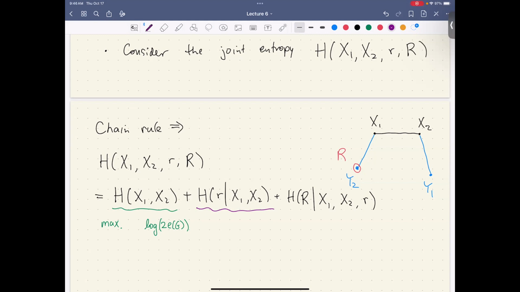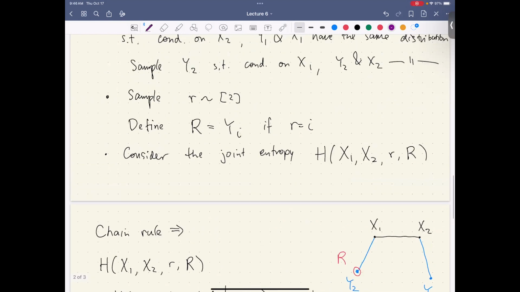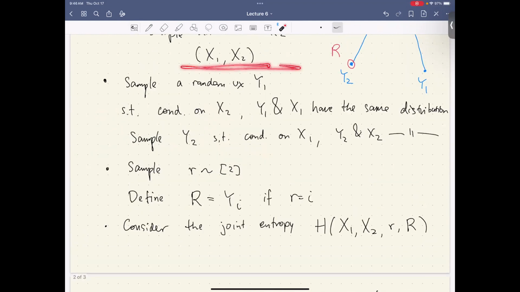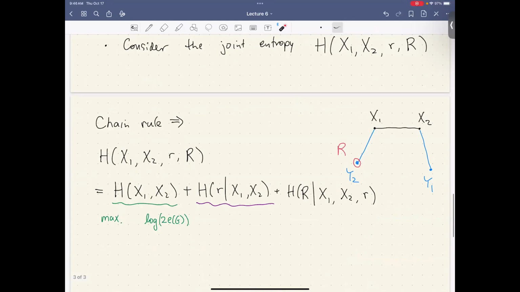What is this guy? Well, little r is actually independent of x1 and x2. Because how did we define it? We just say that you uniformly at random choose it from between 1 and 2. It doesn't depend on x1, x2, the random ordered edge that we choose in the first place. So that means these two can be dropped by independence.